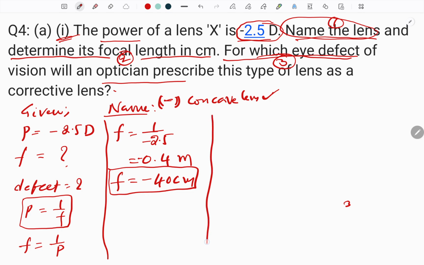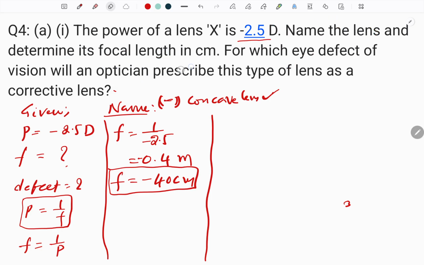Now the third part that we have to do. For which eye defect? Based on eye defect, which defect of vision will an optician prescribe this type of lens as a corrective lens? Now we have two types of eye defects.